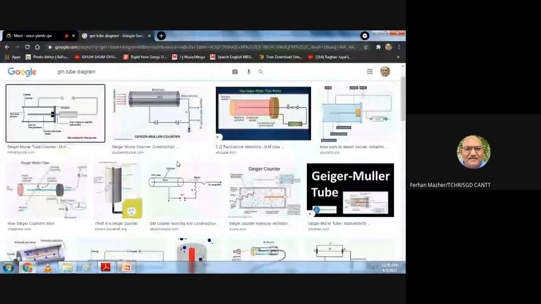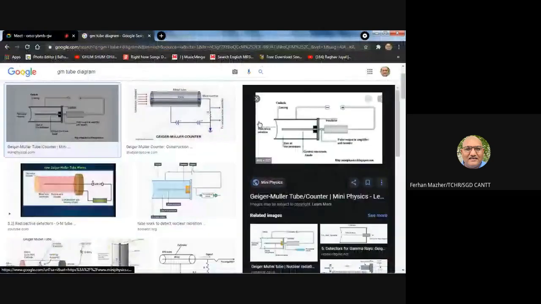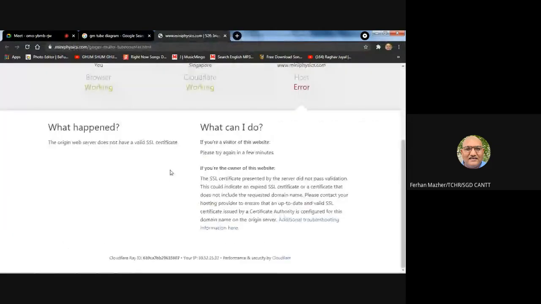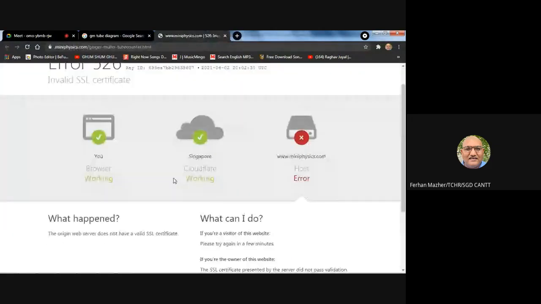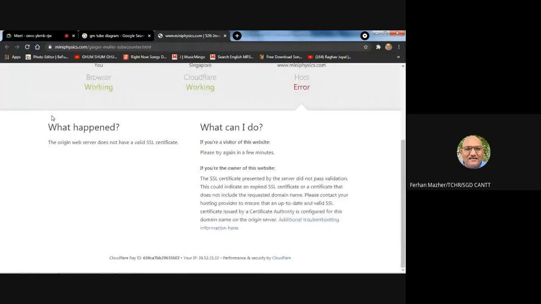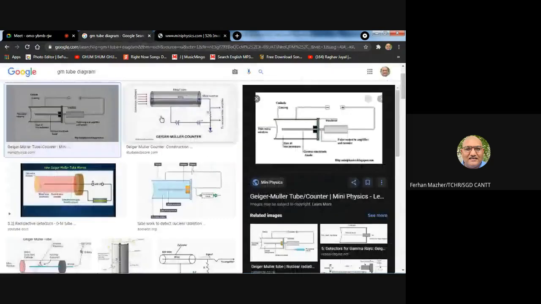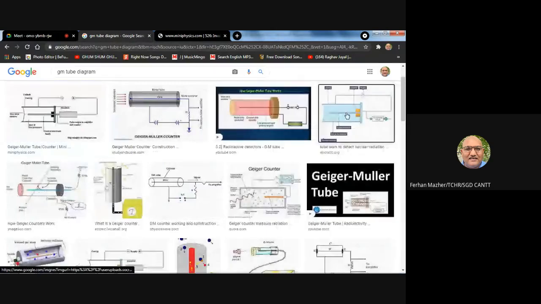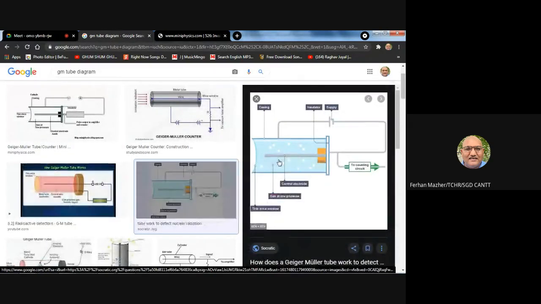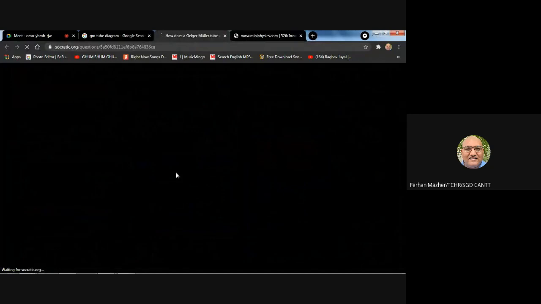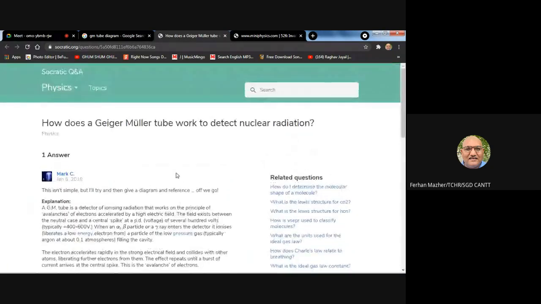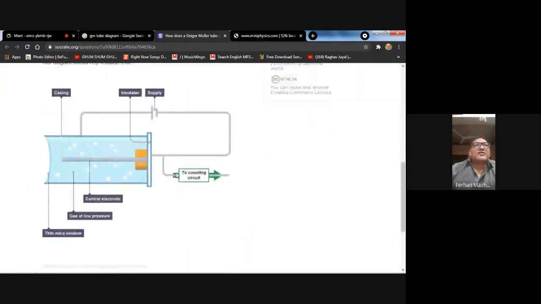I hope that this is visible to you. So I can show you this diagram if this is visible. Okay, so here you can draw this one.